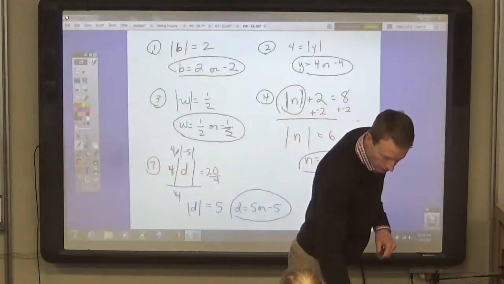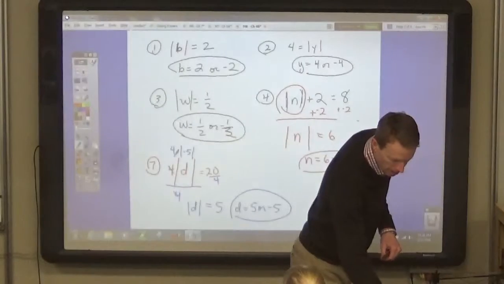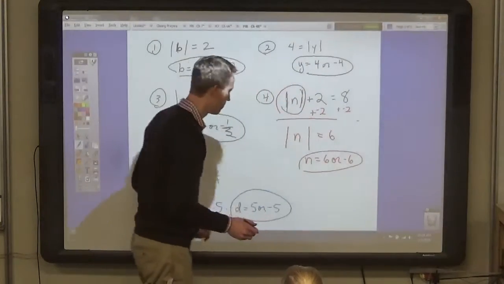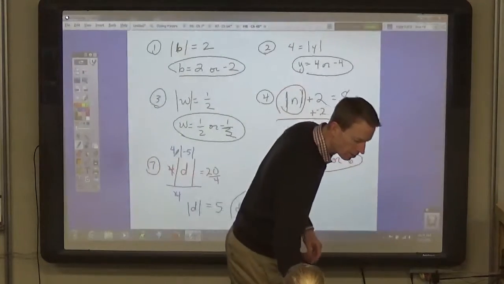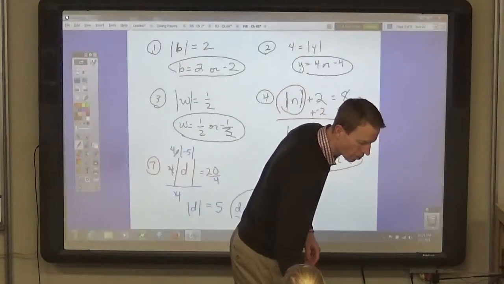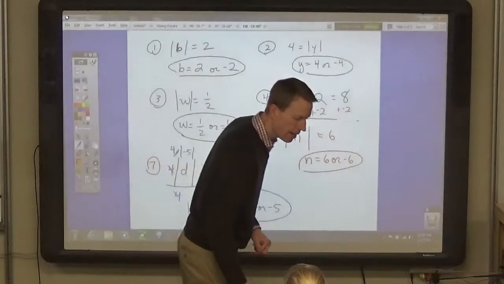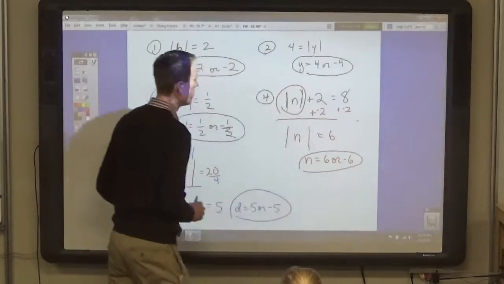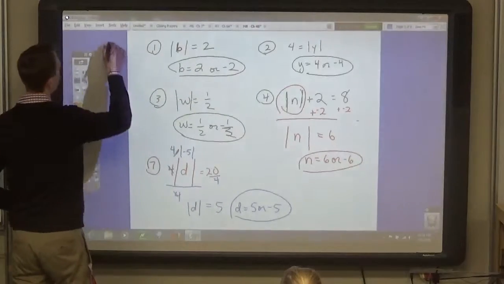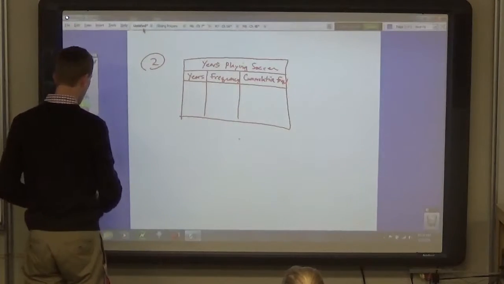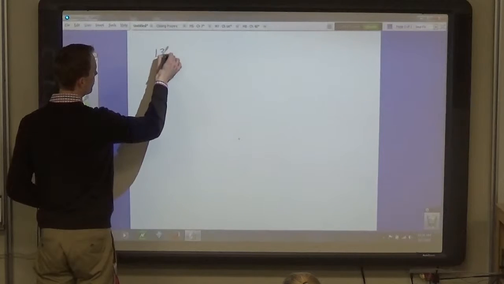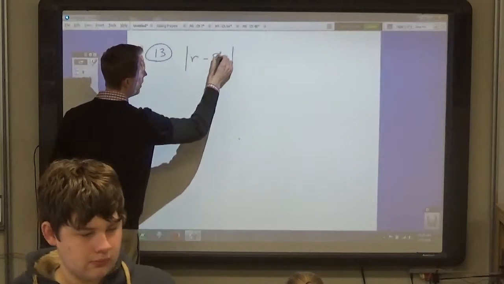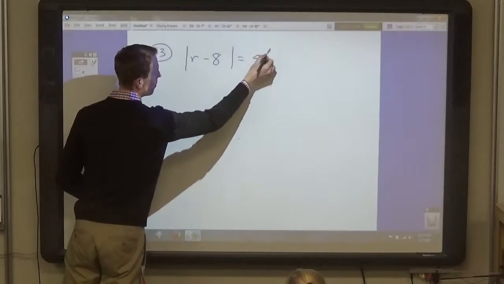Let's go to this type then. Number 14. The absolute value of R minus 8 equals 5.